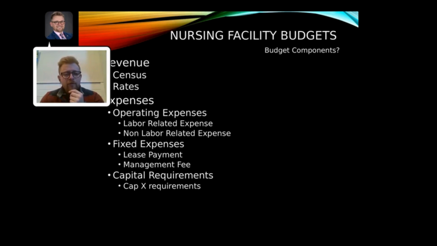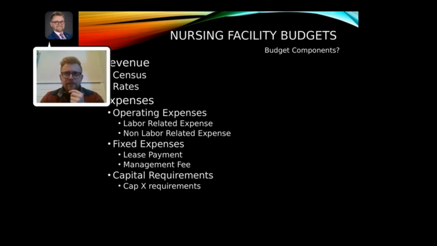And within the revenue component, you're going to have your census and your rates. You'll have some ancillary things like that. And the expense component, you have operating expenses, your labor and non-labor, your fixed expenses like a lease payment, a mortgage payment, and then you're going to have capital requirements.